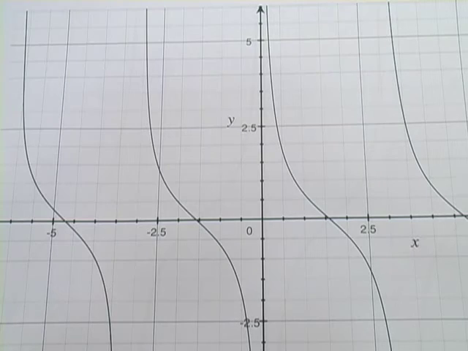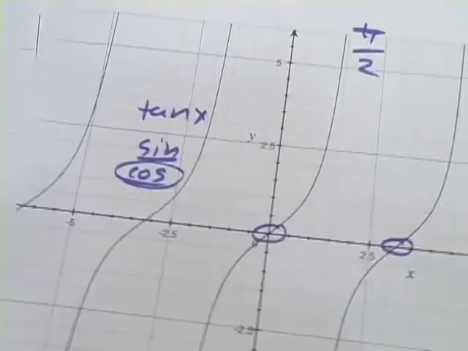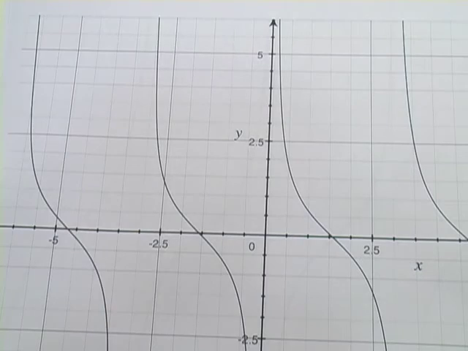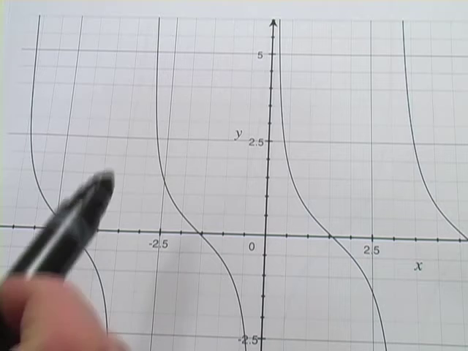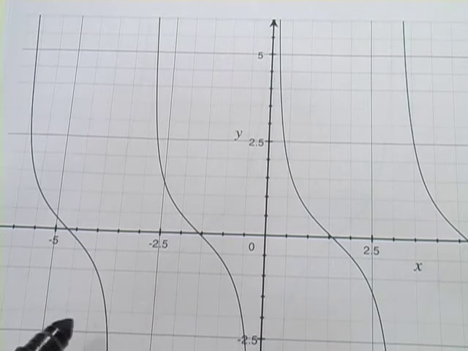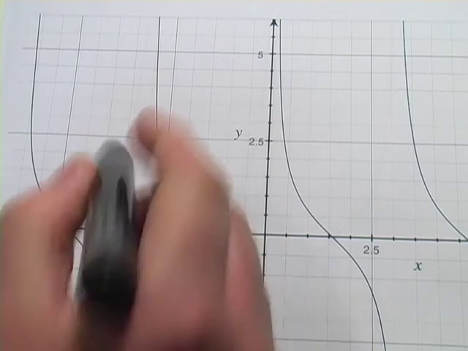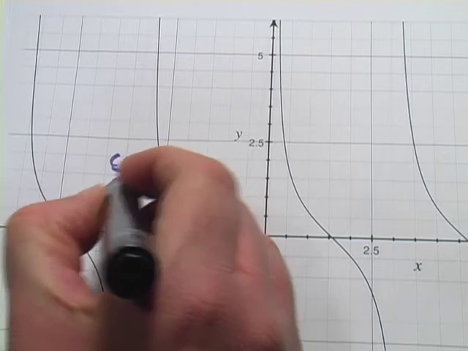And then I also want to look at the cotangent. Let me bring back just the plain old tangent function. So there's plain old tangent. There's cotangent. It's the same shape but bends in the other direction. They're inverse functions of each other, so they're sort of like mirror images. And then this is cosine over sine.